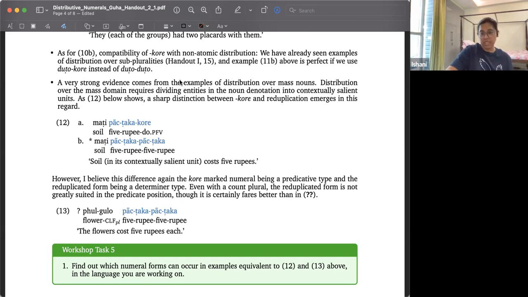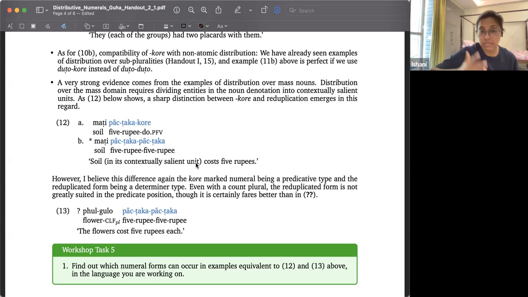Each of those dumplings, right? So there's a contextually determined unit which kore here is distributing over. The distributive predicate 5 taka kore is distributing over it, whereas saying 5 taka 5 taka is bad.